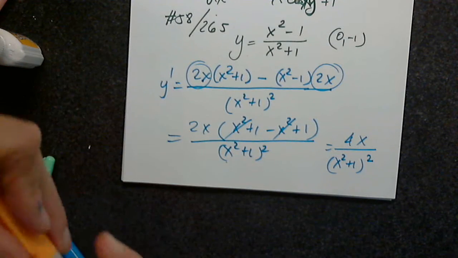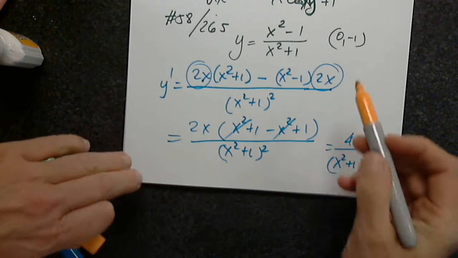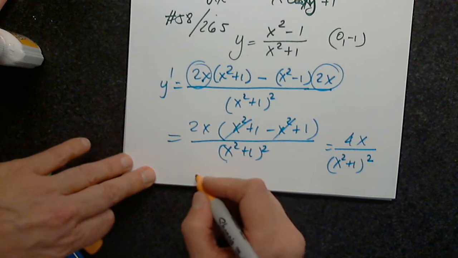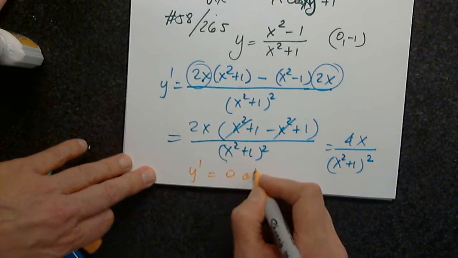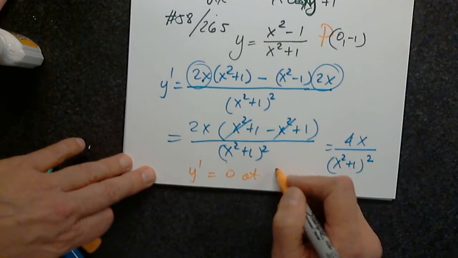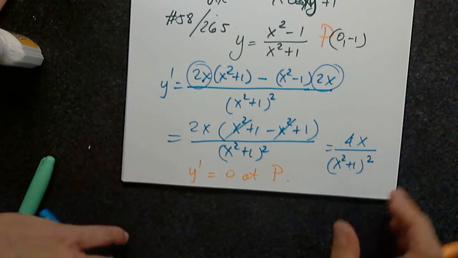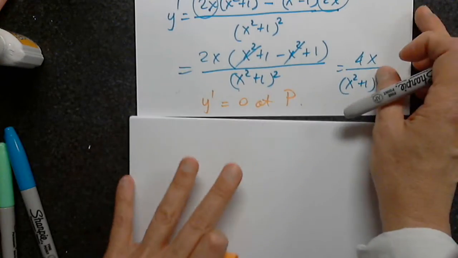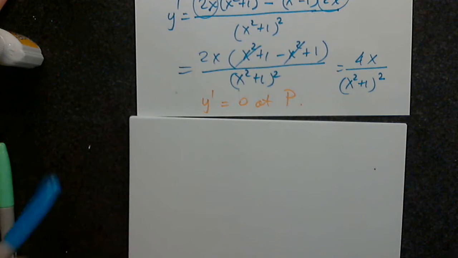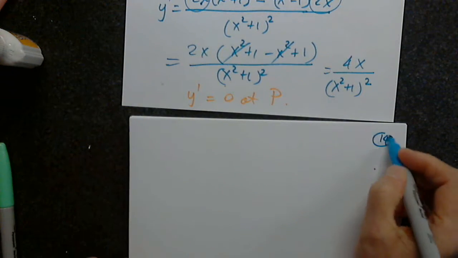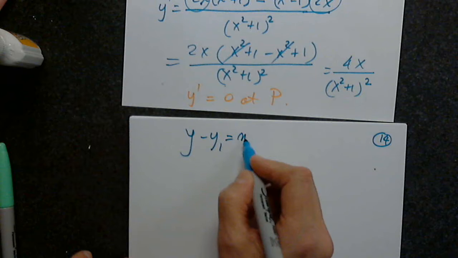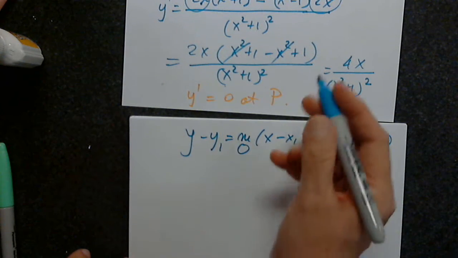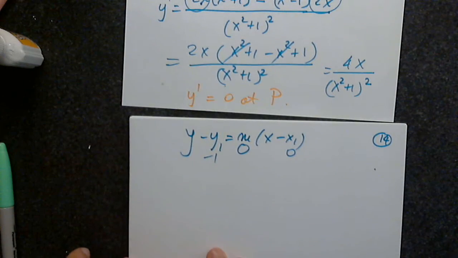So of course now we have to plug in 0. So 0, 0, so it's 0. So then we have the slope is 0 at the point P. So now in order to find the equation of the tangent line, I have to write the point slope form as y minus y1 equals the slope times x minus x1, where the slope is 0, x1 is 0, and y1 is -1.